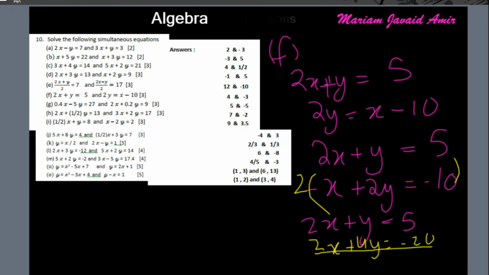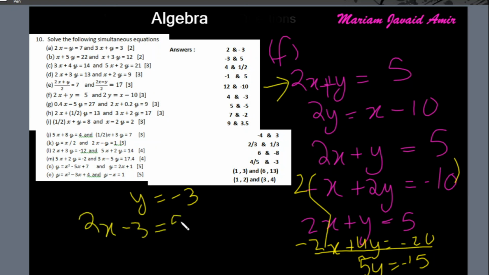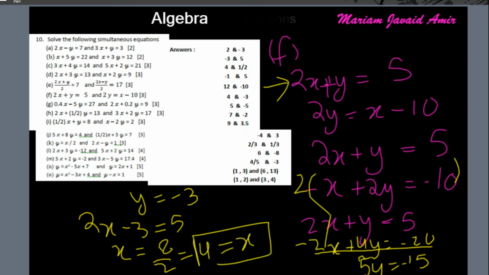So adding these, we get 5y equals minus 15, which gives us y equals minus 3. Now put it back in any equation. I will be using this equation. So 2x minus 3 equals 5, which means x equals 8 by 2, which is 4. So x equals 4 is the answer for part F.